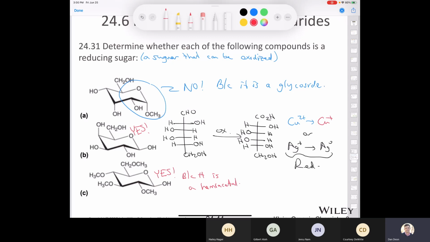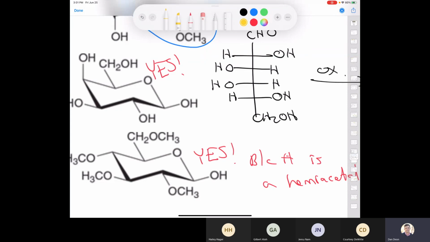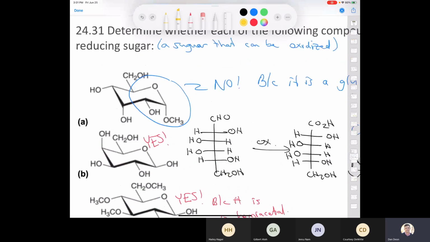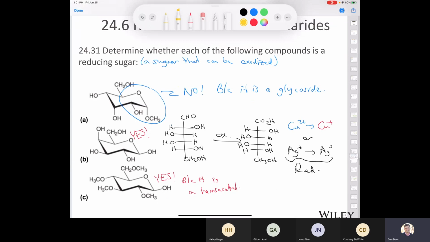Look, the answer to whether it's a reducing sugar is nothing more than, does the anomeric carbon, the one I'm highlighting in yellow, does it have an ether and a hydroxyl? Then yes, it's a reducing sugar, done. Okay? The only things that aren't reducing sugars are going to be glycosides. Okay, another compound that's not a reducing sugar is sucrose, which is table sugar.